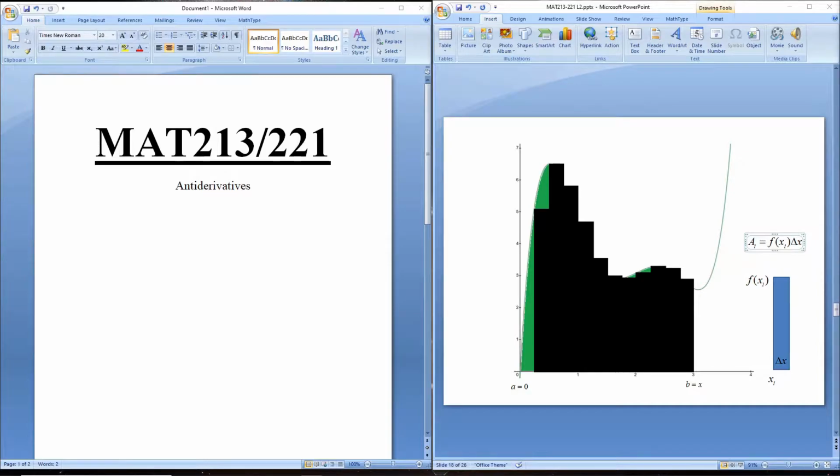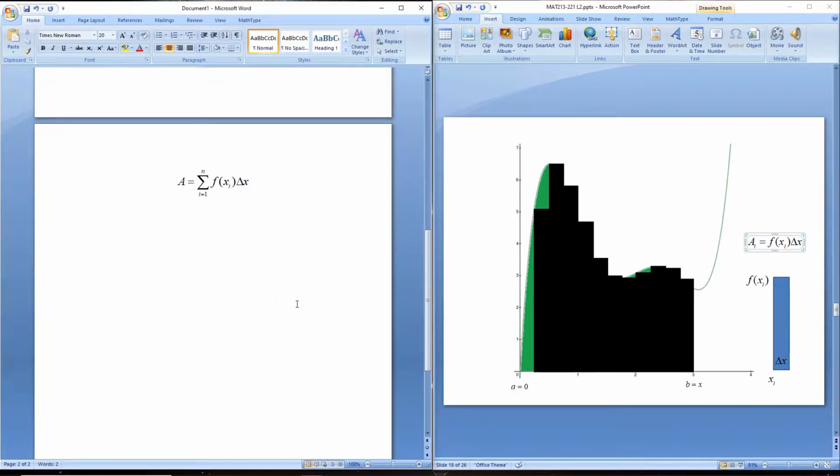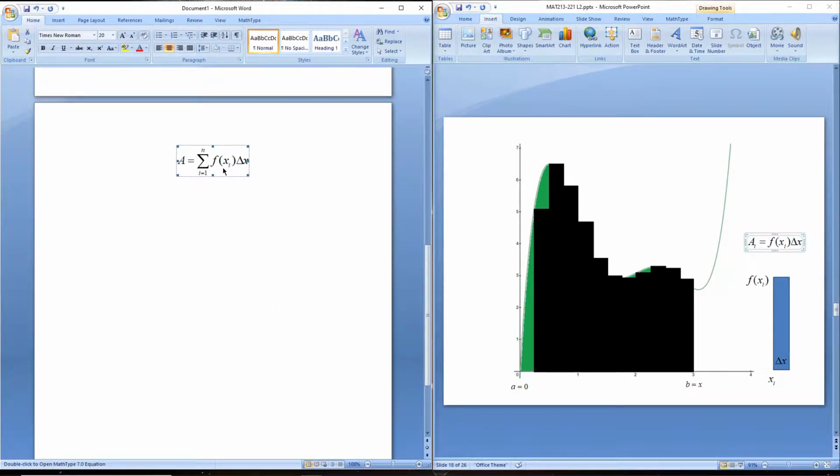And what we did then is we came up with an expression for that. We took all these areas and we summed them together with this summation symbol, n being the number of rectangles. And what we're going to do is let these rectangles get smaller and smaller in thickness so that they become infinitesimally thick.